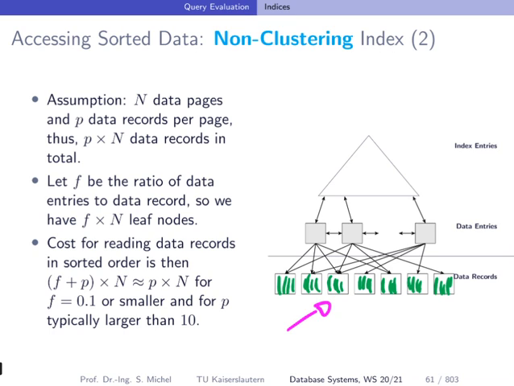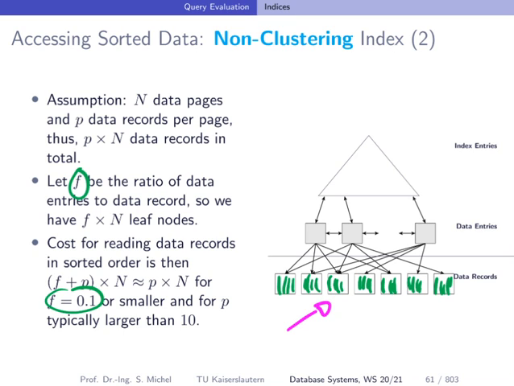Because we have only keys and pointers and not full-fledged tuples. And this ratio we denote with f. And here we see f is 0.1, so a factor of 10. These entries in the tree, in the leaf level, are smaller than the entries in the data records, or the data pages, meaning the records, right?